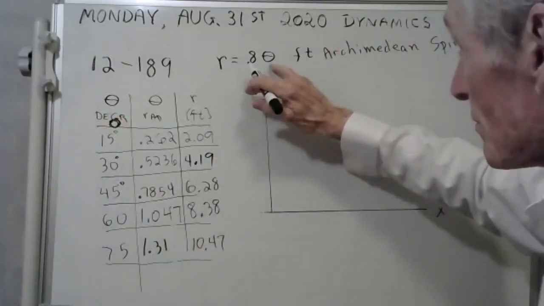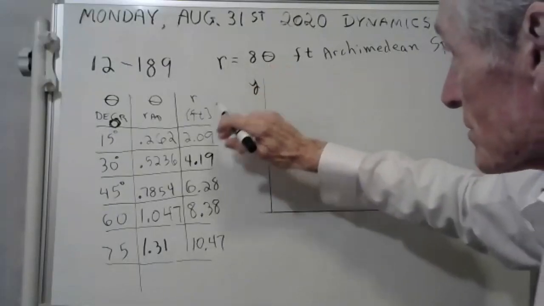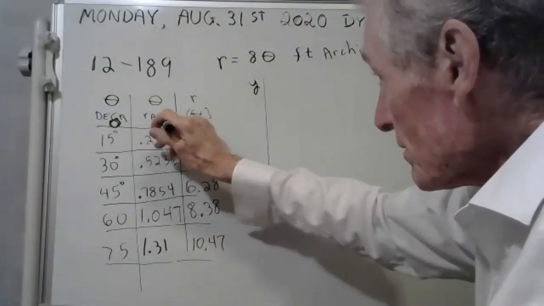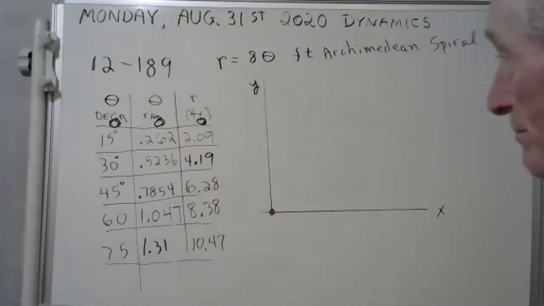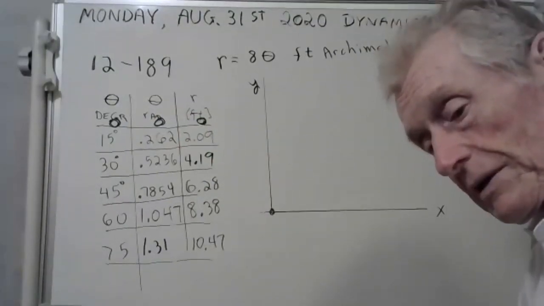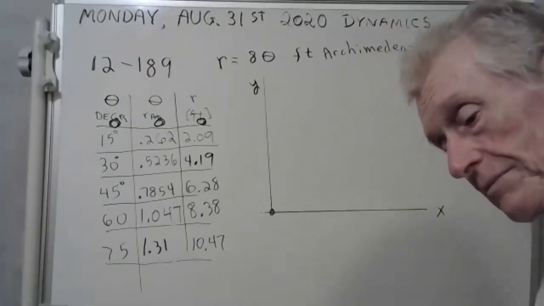But if you put in 0 degrees, you get 0 radians and you get an R equal to 0. So here you are. Ta-da! You're right there.